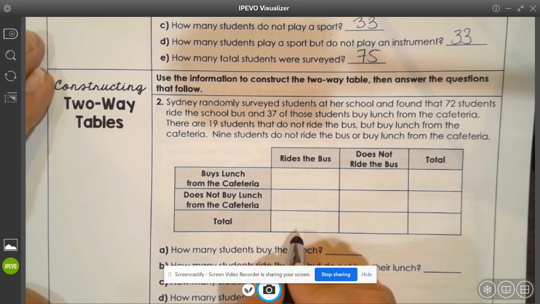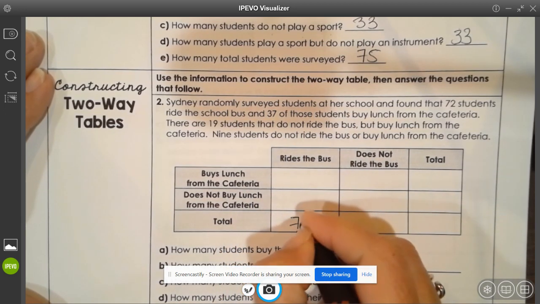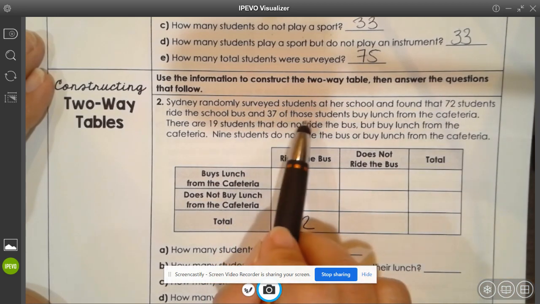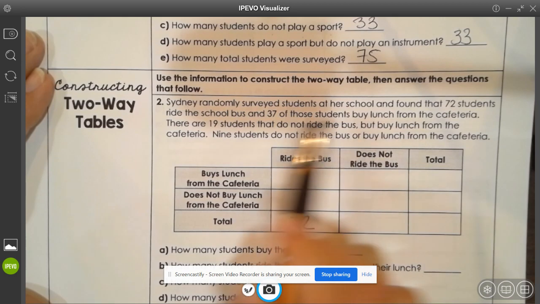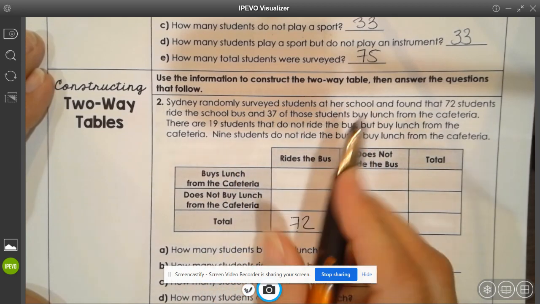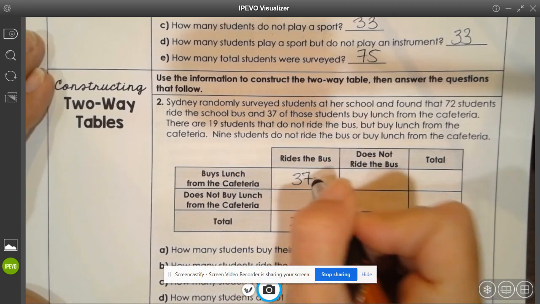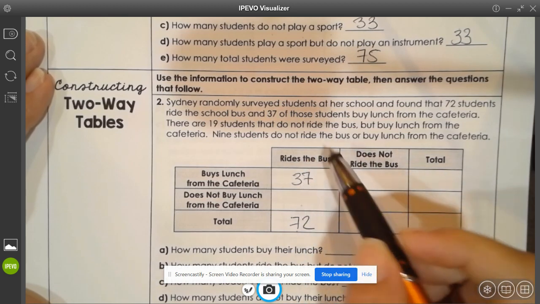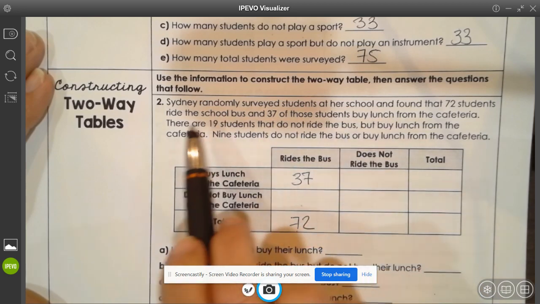So in total that ride the bus, there's 72 in total. Now, out of those 72, it says 37 of those students buy lunch from the cafeteria. So 37 goes here. Okay. Now we can find this number just by finding the difference here, but let's keep going. What else we got?